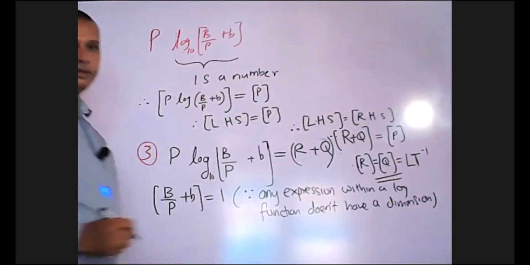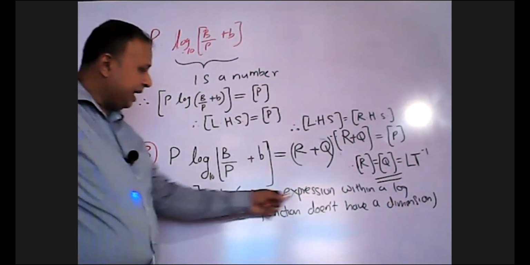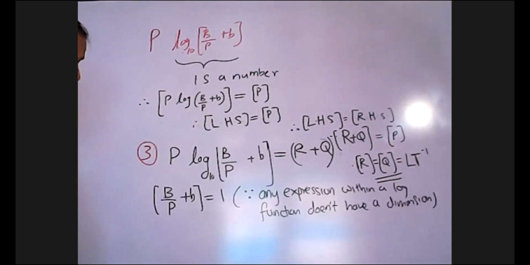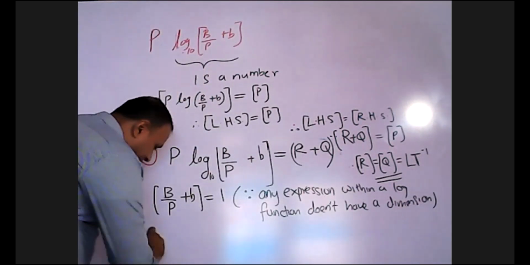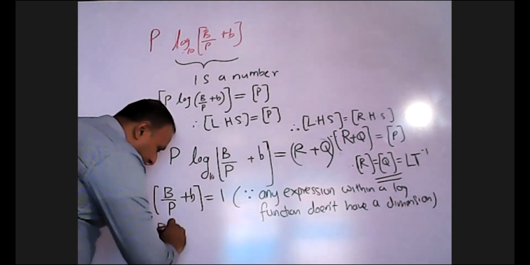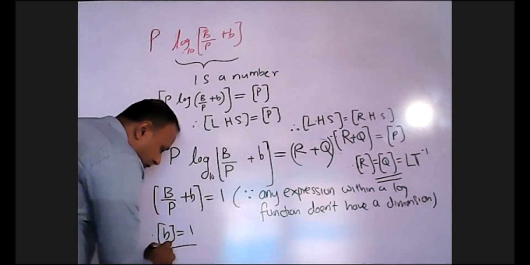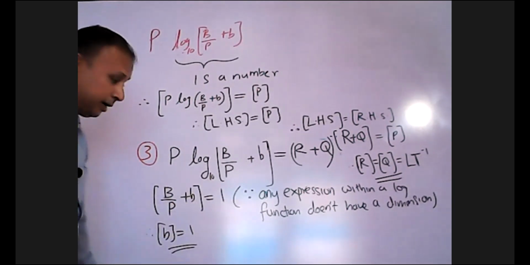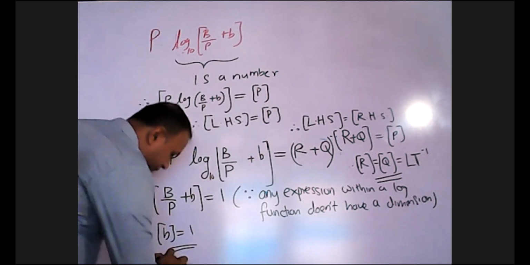Therefore, I can say the dimension of B over P plus B is equal to 1. That means no dimension.